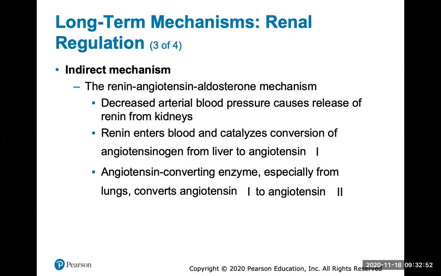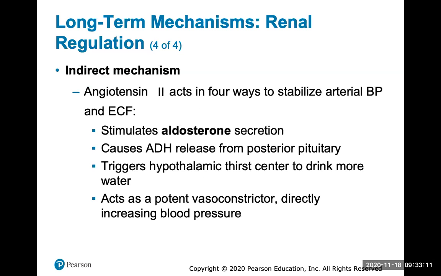The indirect mechanism is the renin-angiotensin-aldosterone mechanism, where a decrease in blood pressure causes release of renin, which will convert angiotensinogen to angiotensin I. Angiotensin converting enzyme from the lungs converts angiotensin I to angiotensin II. Angiotensin II acts in four different ways to stabilize your arterial blood pressure: stimulating aldosterone secretion, causing ADH release, acting as a potent vasoconstrictor, increasing blood pressure, and stimulating your thirst center to drink more water.